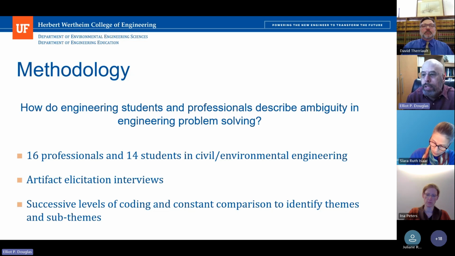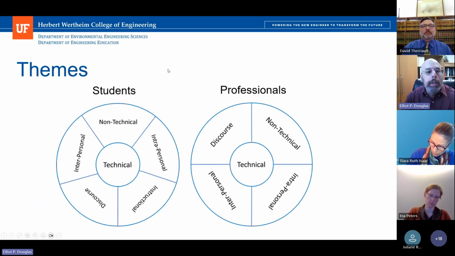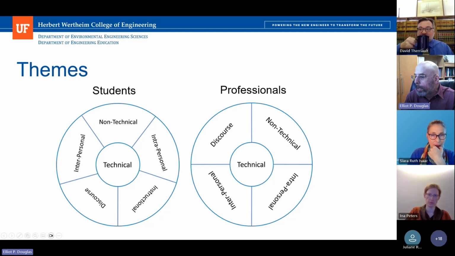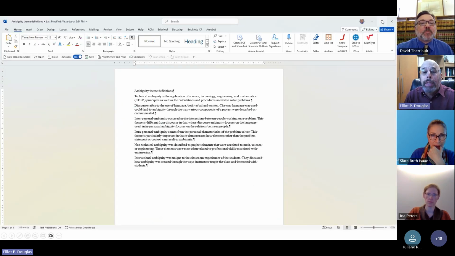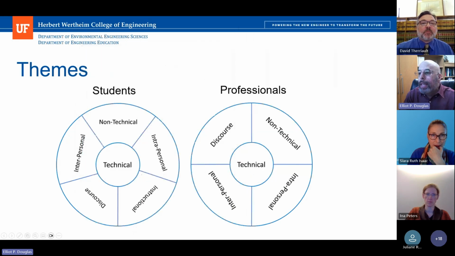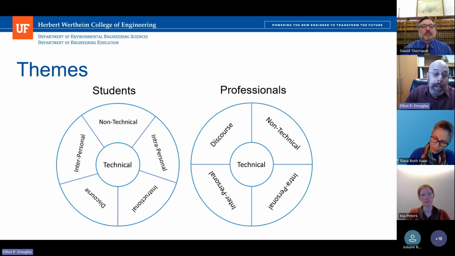We're not going to delve too deeply into the sub-themes just for time's sake, but I'm going to show you our results. So at the center, for both students and professionals, we find technical ambiguity. Technical ambiguity is the application of science, technology, engineering, and math principles, as well as the calculations and procedures needed to solve problems.